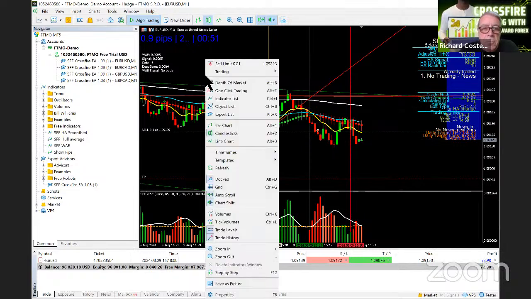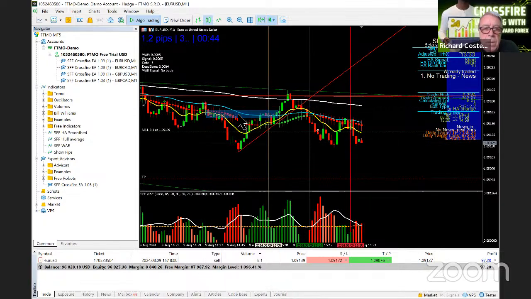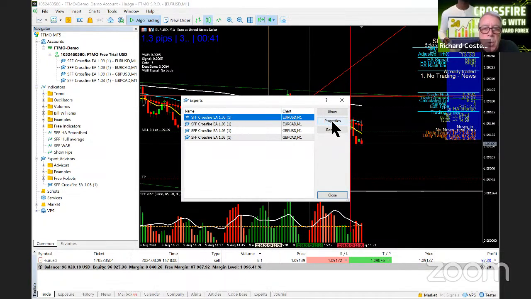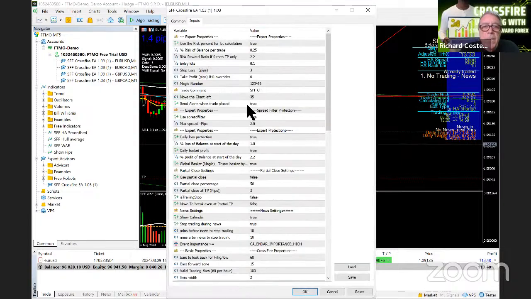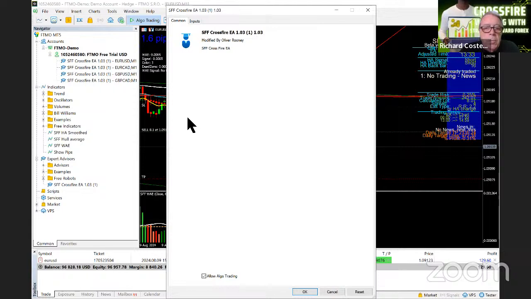If you right click and you go to your expert lists and show properties. So you know how you've got your settings under inputs. 1 or 2 people have missed out because if you click on common, right down at the bottom, there's a little checkbox that says allow algo trading.